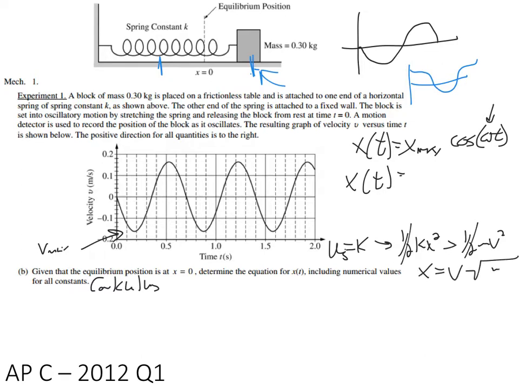And that's m over k. And you end up getting, instead of 0.16, the square root of 0.3 divided by k. Oh, we don't know what k is?